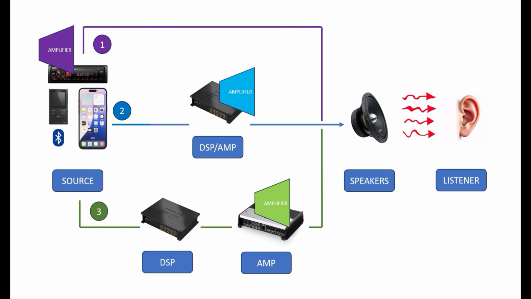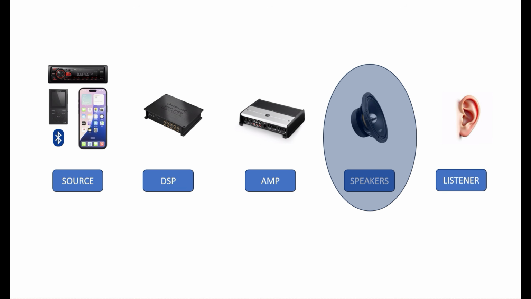Okay, so now that we know that all car audio systems require an amplifier somewhere in the signal chain, let's take a closer look at how this all works. And let's start with the speakers. Now, as I mentioned earlier, we covered how speakers work in the language of sound tutorial, but let's quickly go over it again.